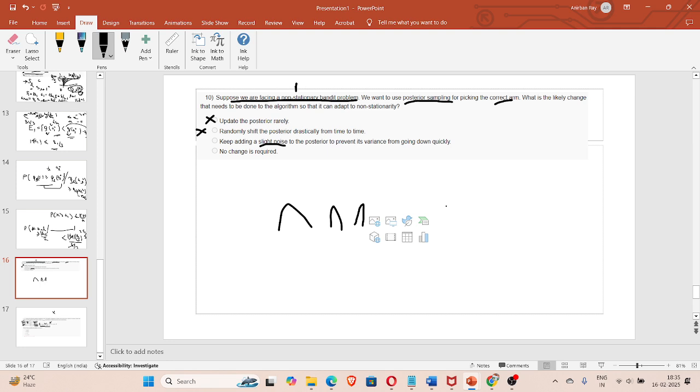It takes more steps to converge, but that is important as well, because in non-stationarity the distribution keeps changing, so it has to adapt with time to how the distribution is changing. We need to add a little bit of noise, so it converges slower, and that slower convergence is required. When we say that the distribution is changing with time.